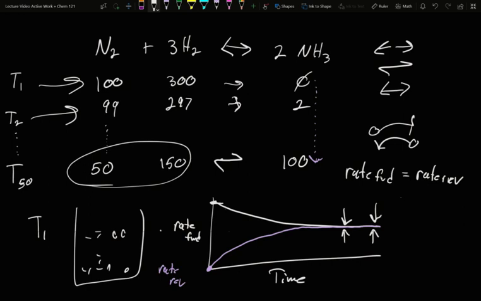This is equilibrium. Equilibrium is simply when the rate of your forward reaction is equal to the rate of your reverse reaction. And all reactions will eventually achieve this.